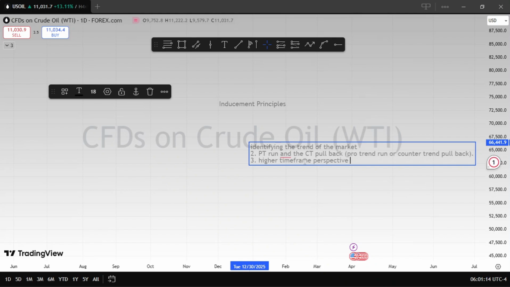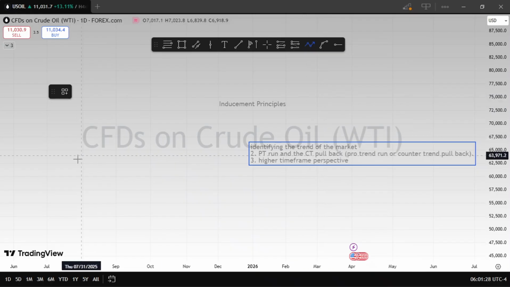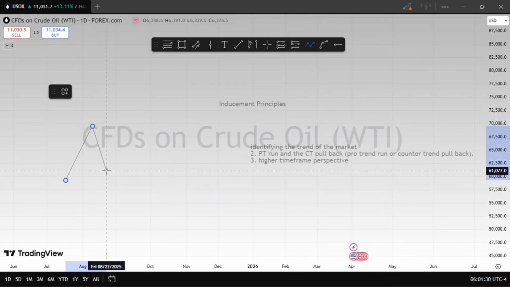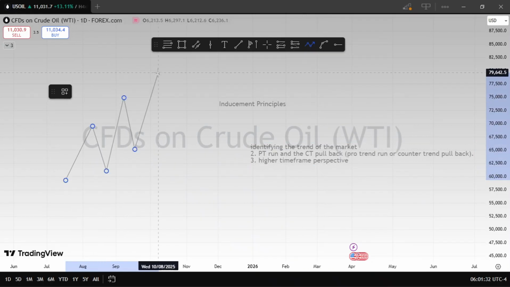So you know if price has tapped into a higher time frame supply zone or a demand zone, just to be sure. Let's say price is in an uptrend, and on the higher time frame price tapped into a demand zone, and price is here.